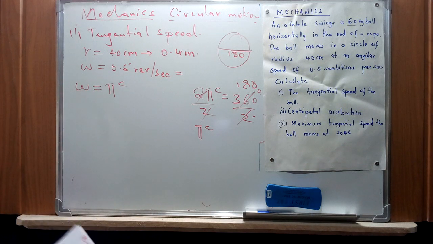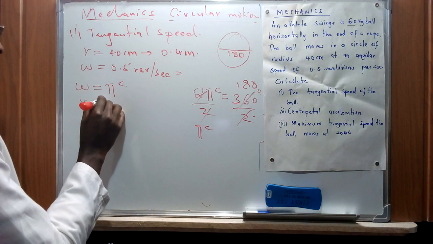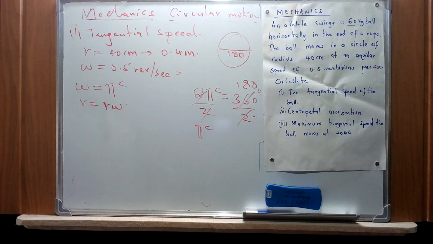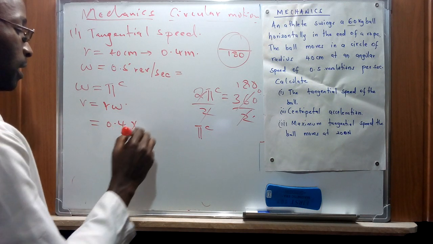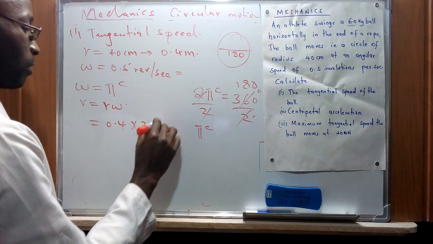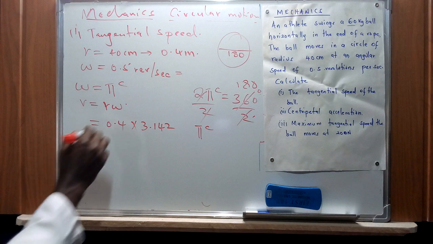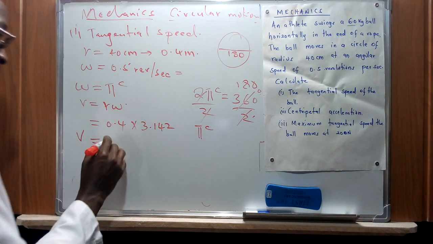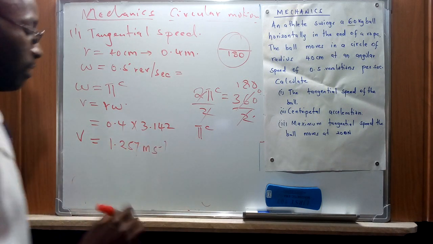And therefore, given that we have said velocity equals r omega, and we have converted the radius to meters, it will be 0.4 times pi. Of course, pi is a constant that we normally use, and this gives us v in meters per second, which is 1.257 meters per second.